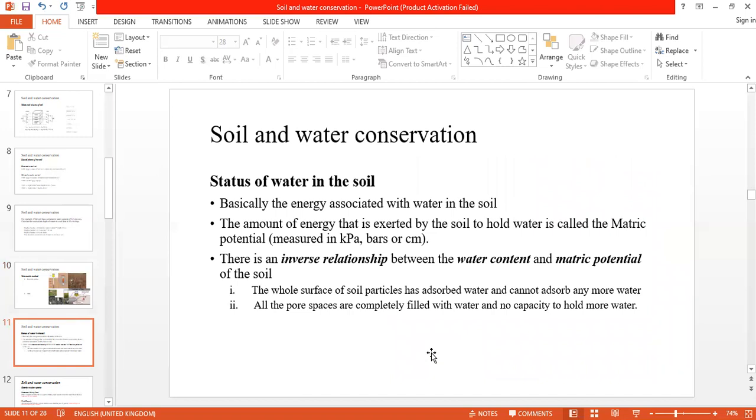Then we need to talk about the status of water in the soil. Basically, we're talking about the energy with which water is held in the soil.